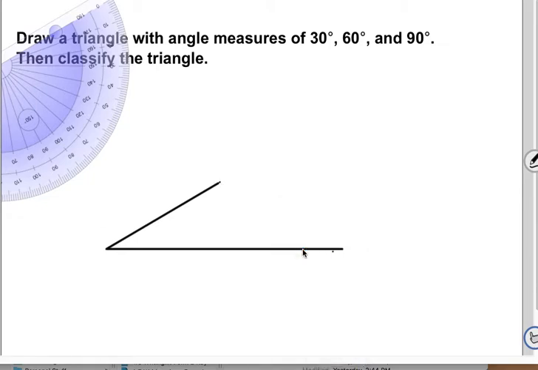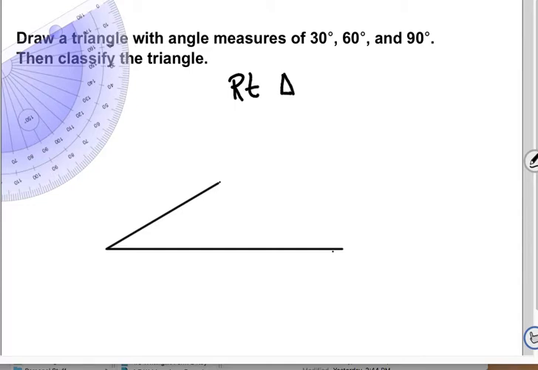Do you have it? 30, 60, 90. Kinda close, I think. This looks close. It does look close. Once it's drawn, what type of triangle is it? 30, 60, 90. What are we going to classify it as? Right. I've got a right triangle.